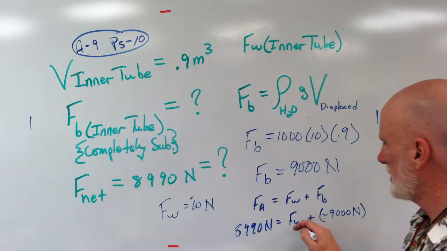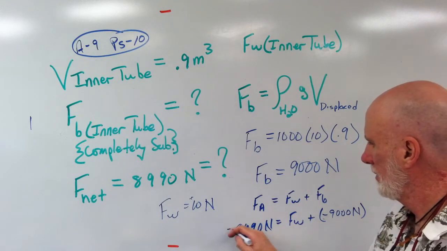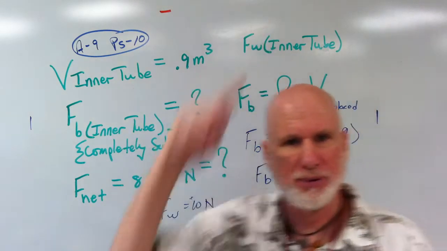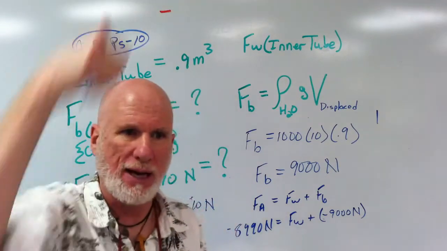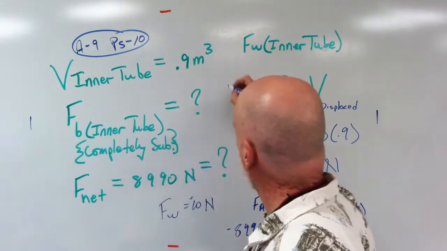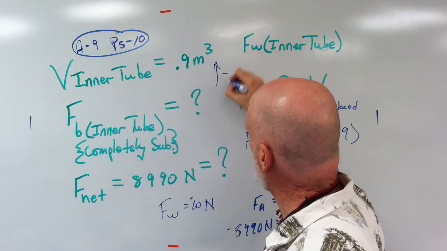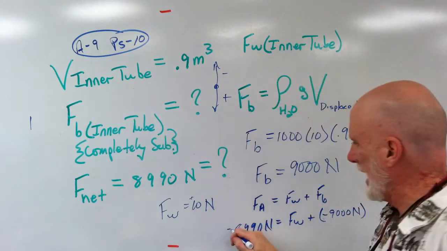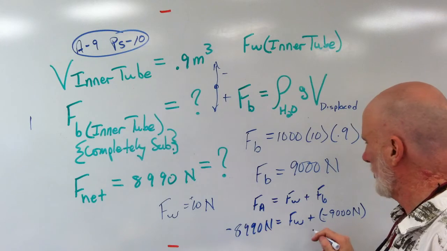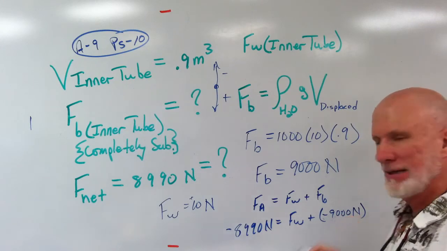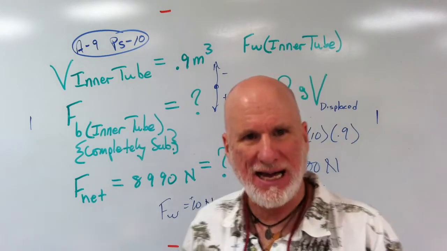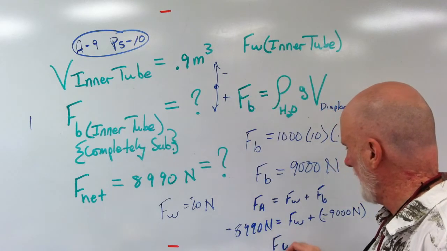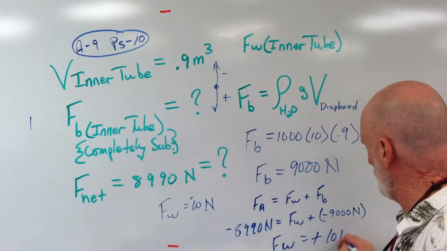And then that is going to be negative, because that's going to be going up. That's the direction. The net force is that way. Remember, we said up is negative, down is positive. So then I add 9,000 to both sides, and I get FW equals plus 10 newtons.